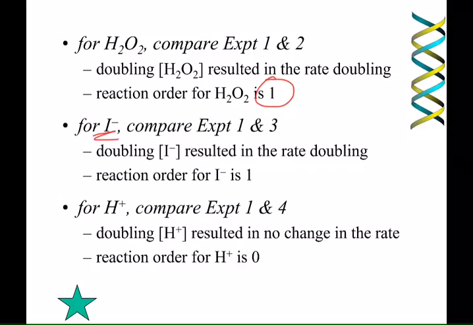The rate doubled, so its reaction order is also 1. Then we compared 1 and 4, where the only thing that changed was the hydrogen ion. There was no change in the reaction rate, so that made it reaction order 0. So M is equal to 1, N is equal to 1, O is equal to 0.